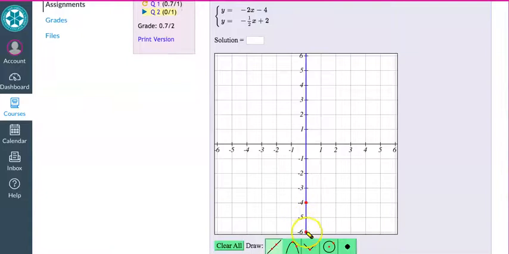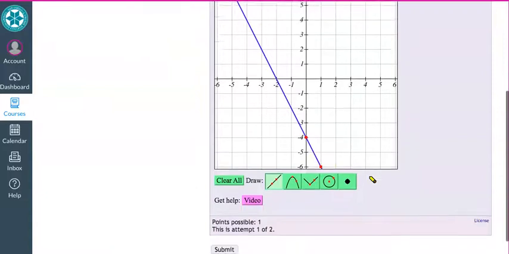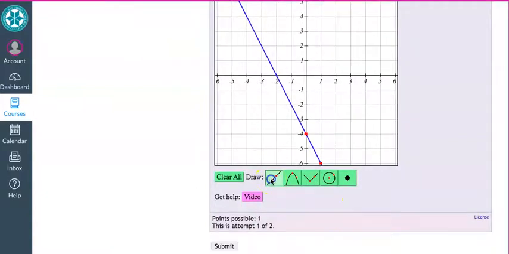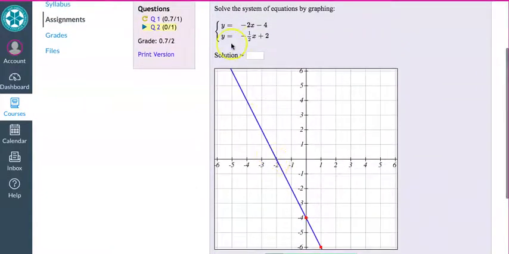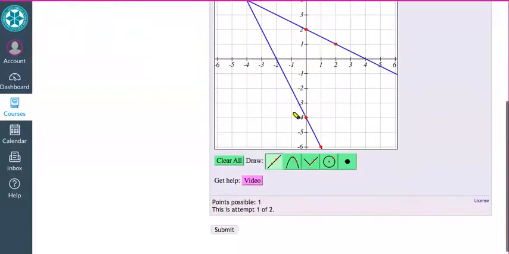So we go down 2 over 1, draw a second point, and that draws my first line. Then I draw the second line, which has a y-intercept of 2. I click a point at 2, and then the slope is negative 1 over 2, which means down 1, right 2, like this. So here are my two lines.